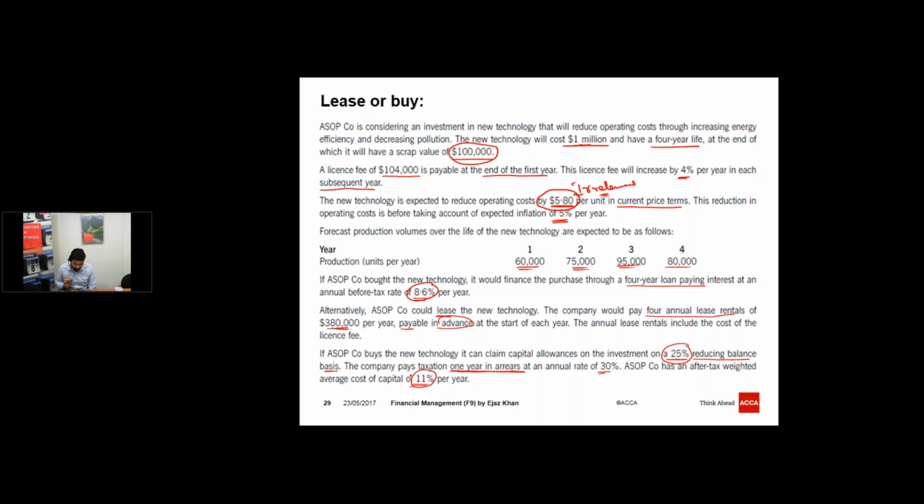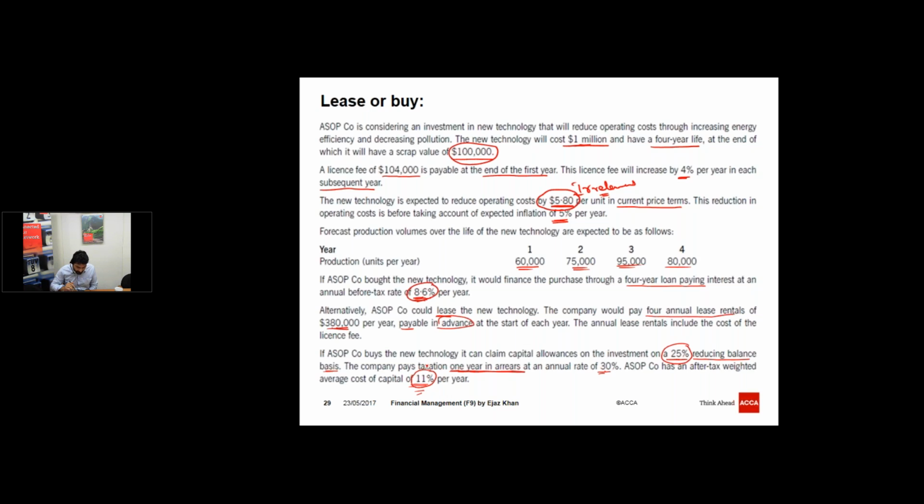Now, everybody should remember one thing. Whenever we are taking a financing decision, we do not use the cost of capital. We use finance rate as our discount rate. Remember, we only use cost of capital for investing decisions. We do not use cost of capital for financing decisions.